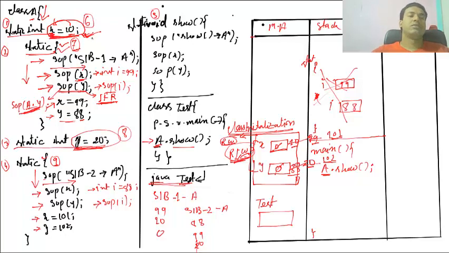In the second run, when JVM is initializing the values for static variables and executing the static blocks, all the static variables and all the static blocks have to execute in the same order as they appear in the source file. Means if a static variable comes first, it will be initialized first, then a static block comes, it will execute, then another static variable is initialized, then another static block is executed.